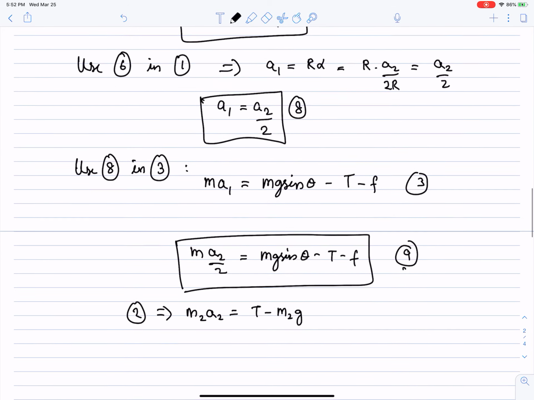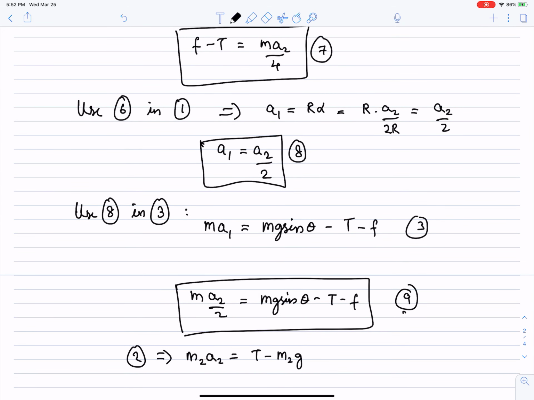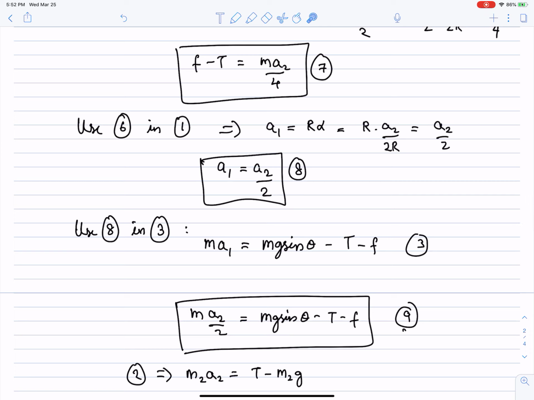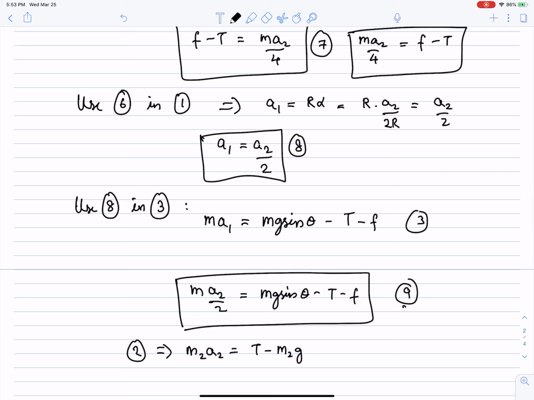So how do we eliminate F, the friction force, from equation 7 and equation 9? Let's just rewrite equation 7 like this: ma2 over 4 equals f minus t. That's the same equation 7, just interchanged left and right. So let's now add equation 9 and equation 7, and we should be able to eliminate f.